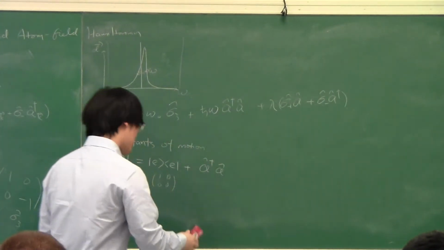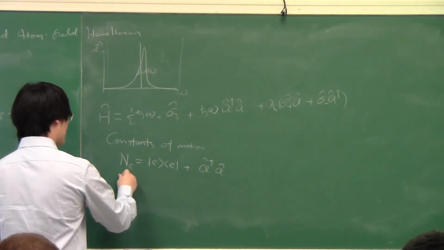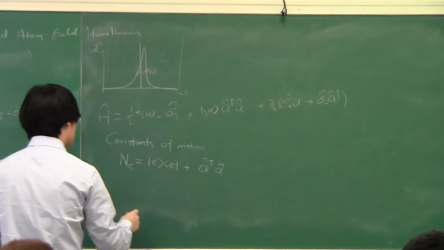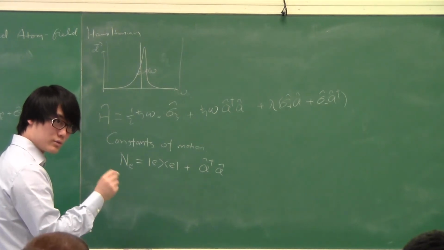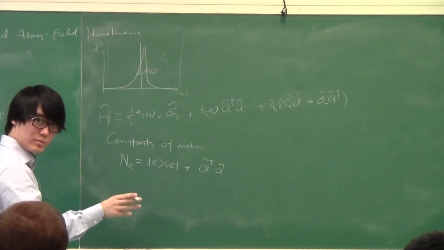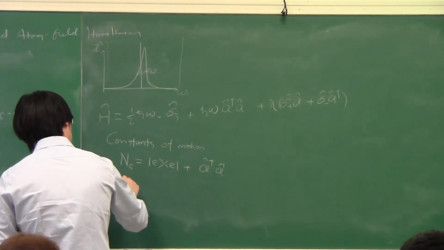What else is conserved? Think about a simple thing. Something else must be conserved. The number of electrons. There's only one atom there. So the atom can either be in the excited or the ground state or a superposition of them. But if it were in a superposition, probability must be conserved. Right? So let me write.